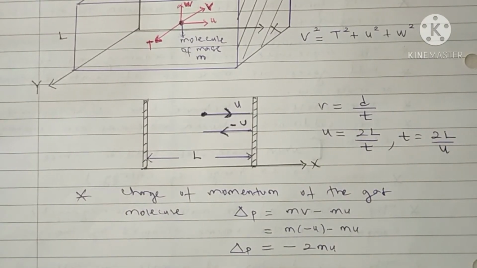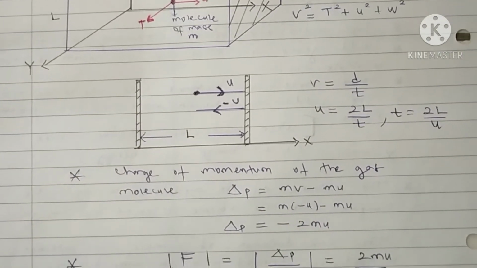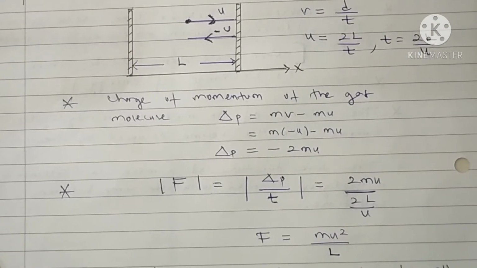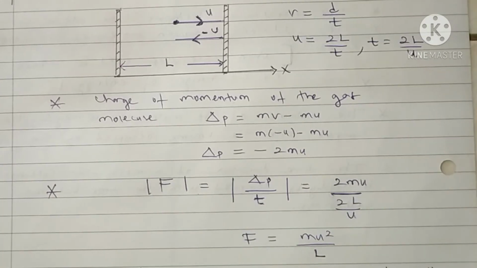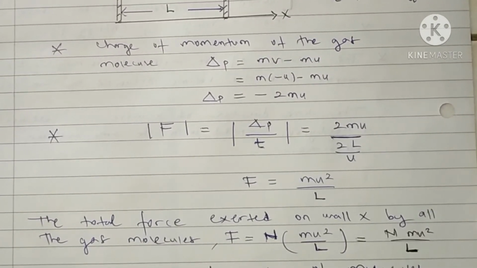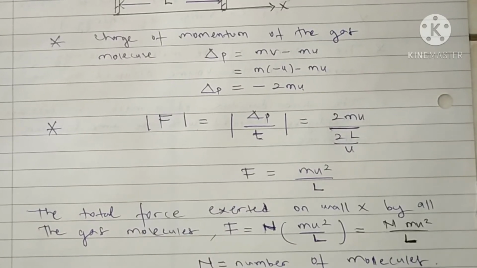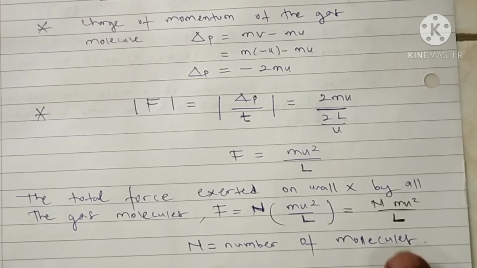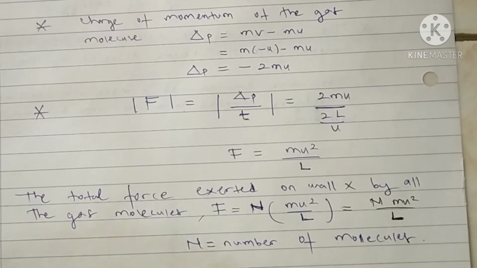Hence, the rate of change of momentum due to one molecule is F, which equals mu squared over L. Now, the total force exerted on wall x by all the gas molecules is F equals N times mu squared over L, where N is the number of molecules.